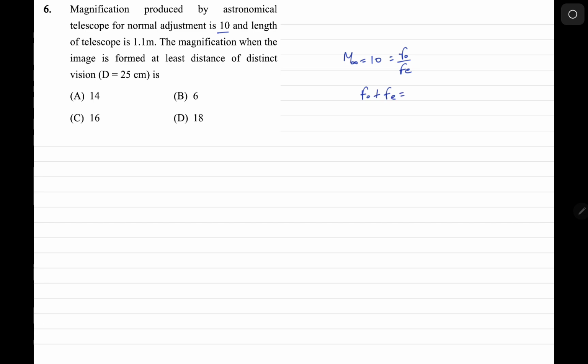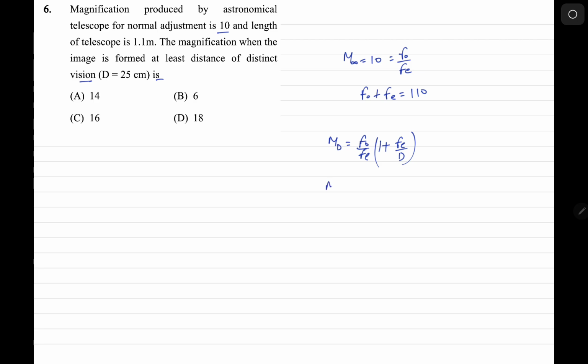I guess it is the same question again: magnification when the image is formed at least distance of distinct vision. Here we will be using the formula of MD, which is FO by FE into 1 plus FE by D. That is the formula of this magnification.